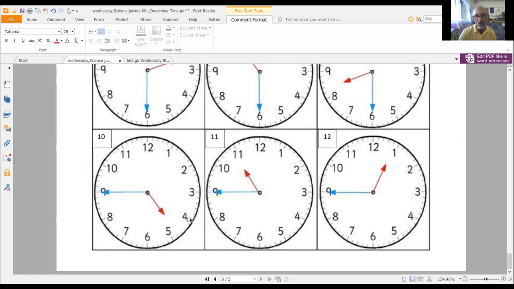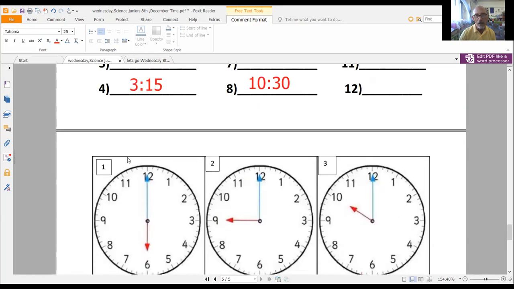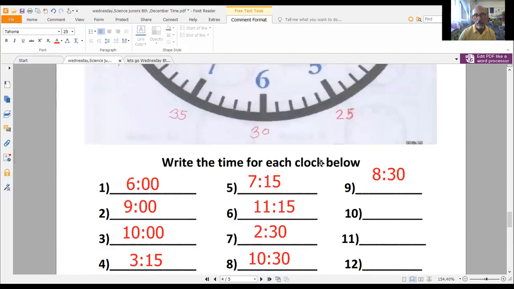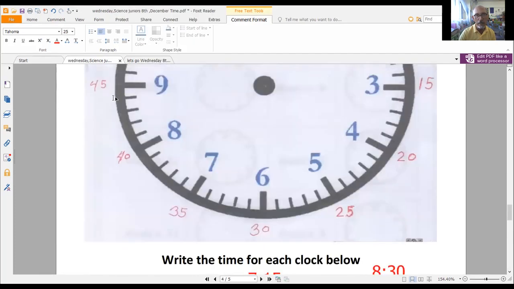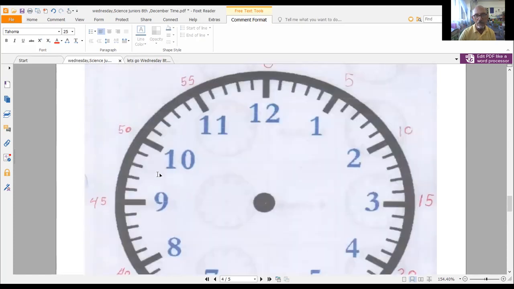So that means it's 4 hours and how many minutes? Number 9 is how many minutes? 45. So if you look at number 9, 45 minutes.